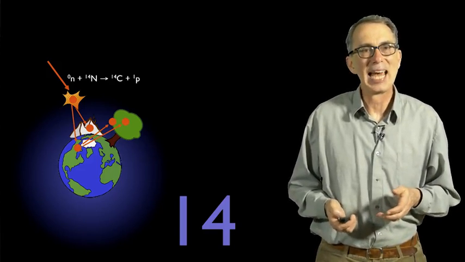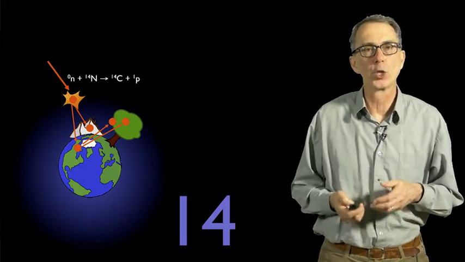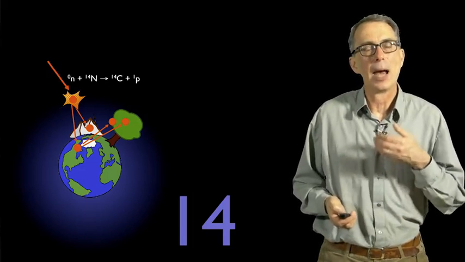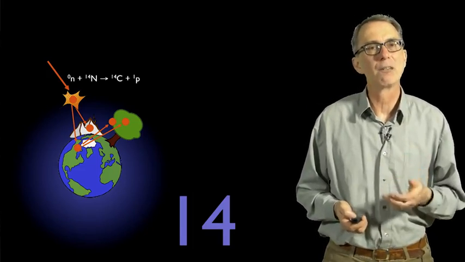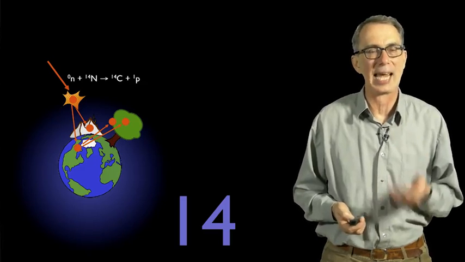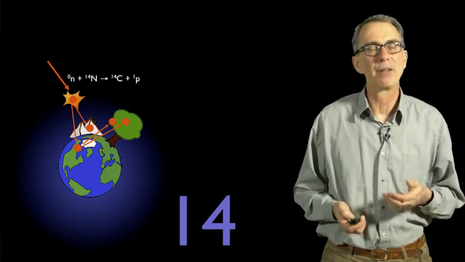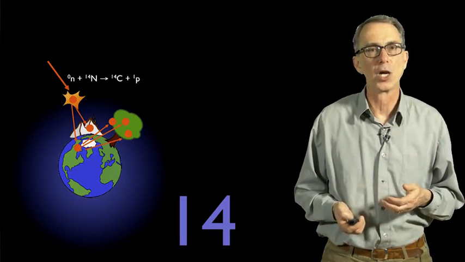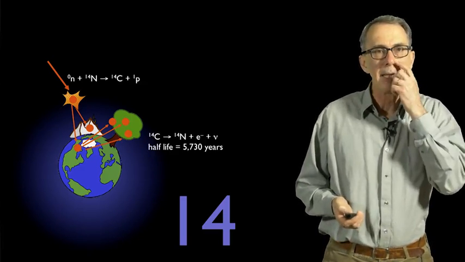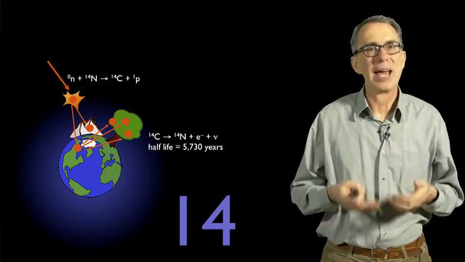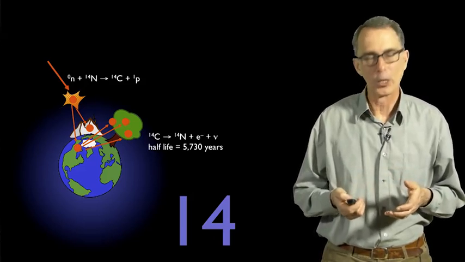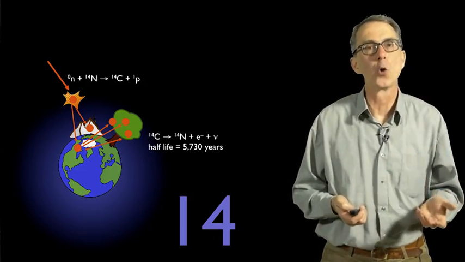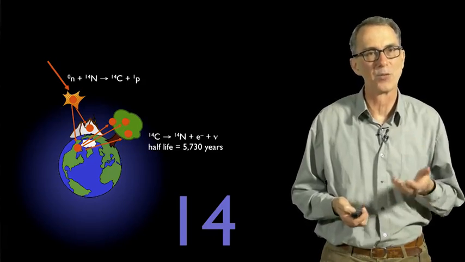But it decays, and as the carbon-14 decays, the amount of carbon-14 will be reduced relative to what's normally in the atmosphere. And because carbon-14 decays over time, the actual amount of carbon-14 in something that is no longer interacting with the atmosphere tells us its age.